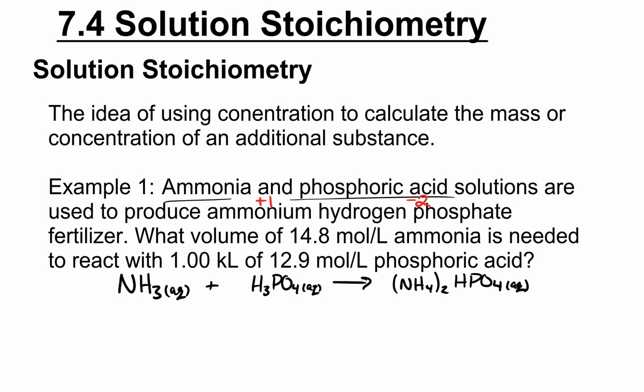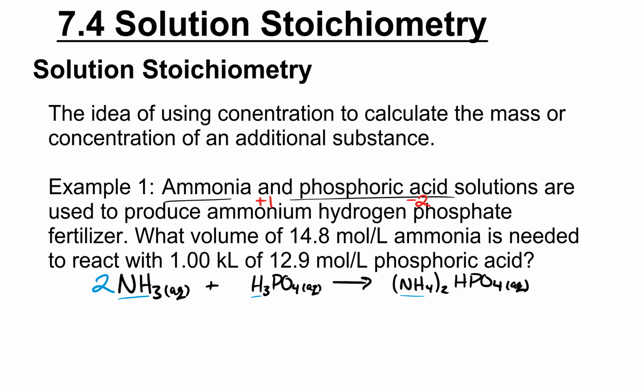So let's go through. We have our skeleton equation. Let's balance this bad boy. I've got 1 nitrogen, I've got 2 nitrogens. So basically the ammonia is going to steal hydrogen off of phosphoric acid. It looks like we need 2 ammoniums, so we need 2 ammonias.